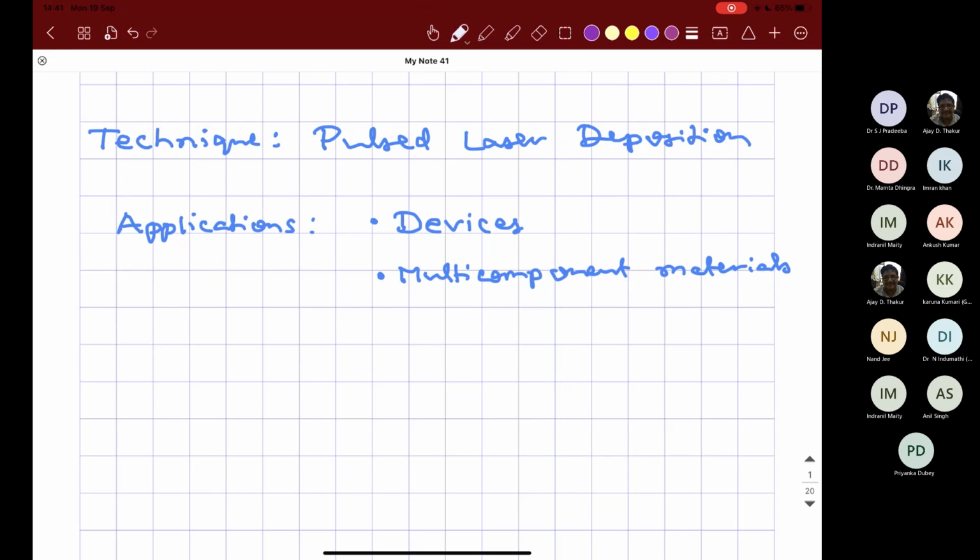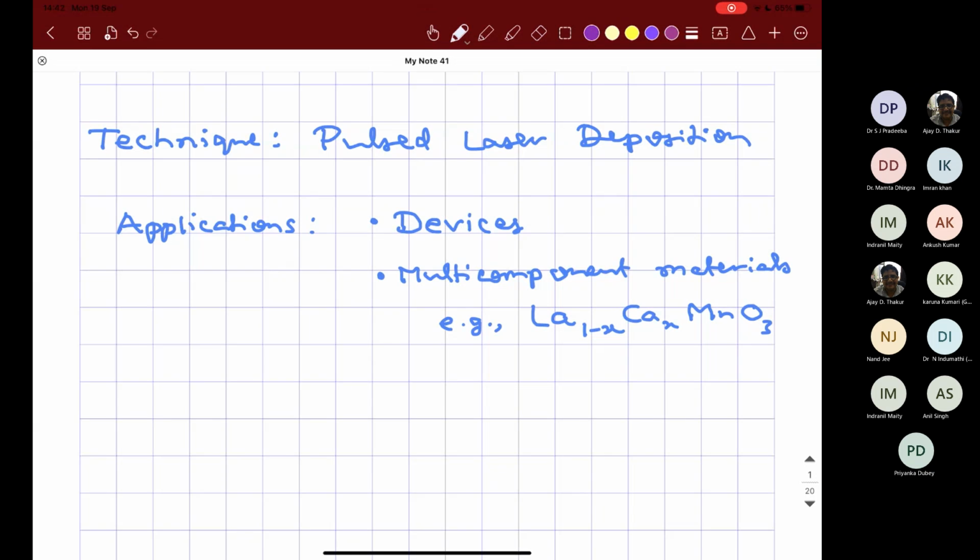I can give an example. Say, for example, a colossal magnetoresistive material, which has a general formula like this.